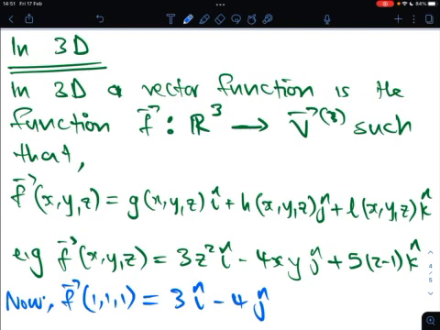So now we'll try to see if there is a way of connecting such functions to what we already know, and in order to do that, we bring about what are known as parametric functions.